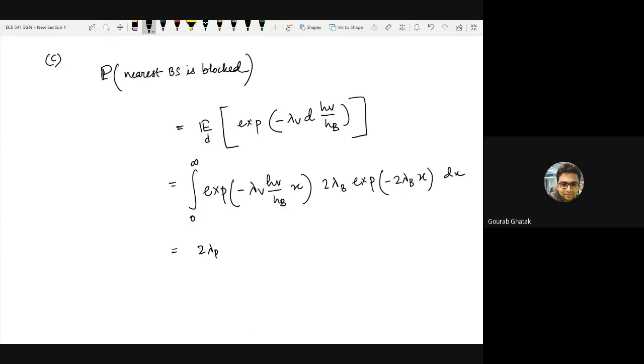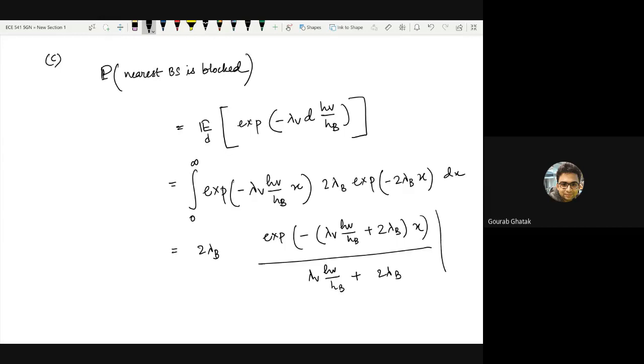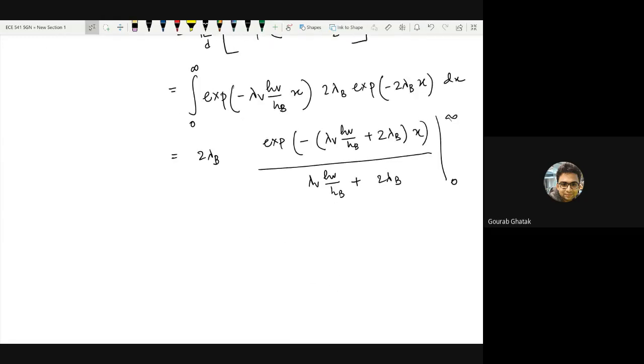So we have 2 lambda b outside, and we have exp of minus lambda v hv by hb plus 2 lambda b times x. And we divide it by lambda v hv by hb plus 2 lambda b and evaluate it from 0 to infinite. I mean, it's not mod, it's just evaluated at two things.